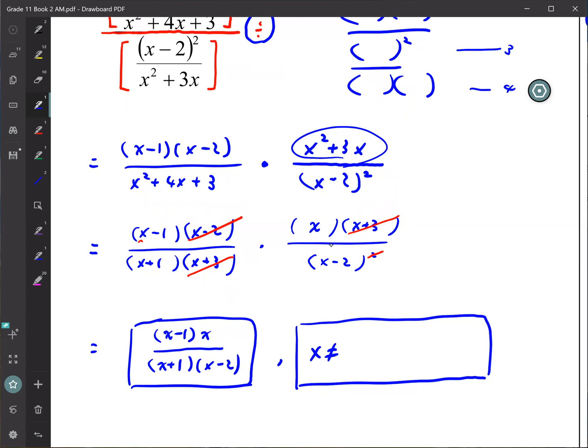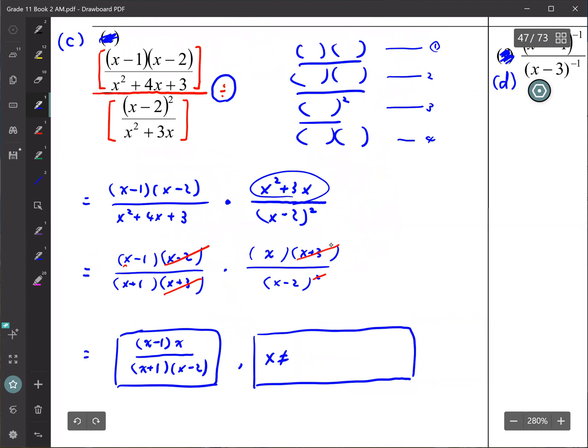Okay, restrictions. This question is a dividing question, right? So you need to check 3 places. If you did not check all places, you will be missing restrictions. So what are the restrictions for this one, Brendan? -3, -1, and 2.